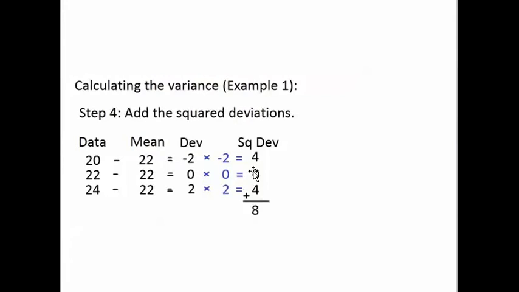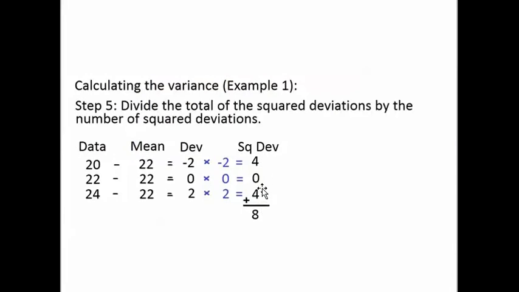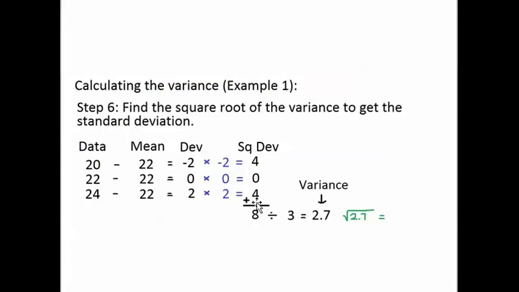They add up to 8. And now we need to find the mean of the squared deviations, because the variance is just the mean of the squared deviations. So we divide by the number of squared deviations, which is 3 in this case, and we get our variance of 2.7. And if we want the standard deviation, it's just the square root of the variance. If the variance is 2.7, the standard deviation is 1.6.